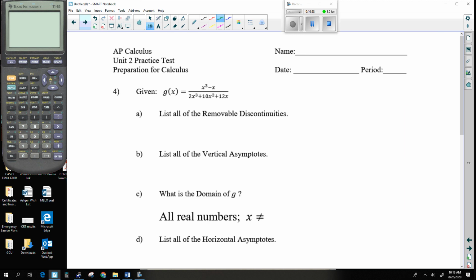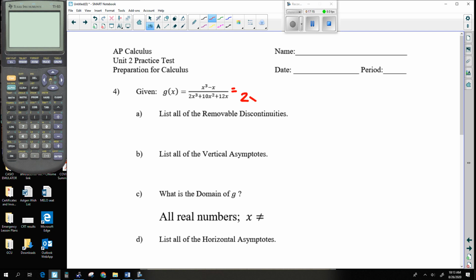Okay, this is asking for where the removable discontinuities, vertical asymptotes, things like that are. Removable discontinuities and vertical asymptotes come from bottom zeros. So what we're really asked to do is factor this and then figure things out.